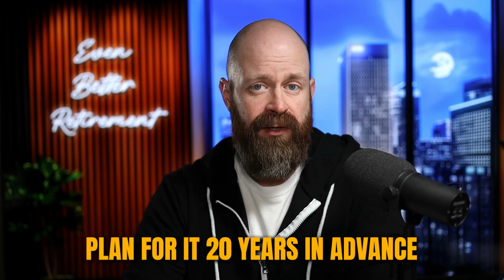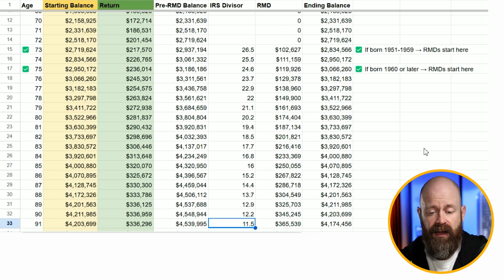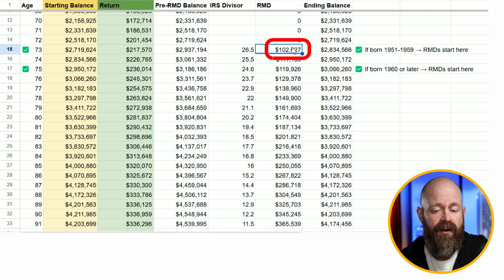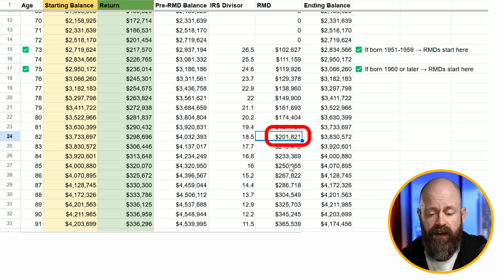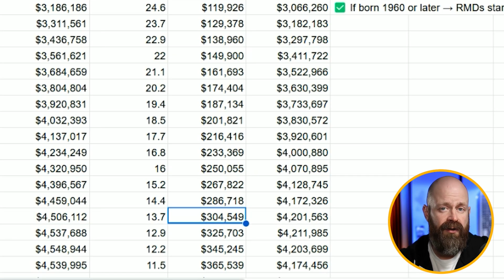I mentioned in the introduction that the hardest part about planning for RMDs is you've got to do it 20 years before you need to. You've got to plan for these RMDs 20 years before it becomes a problem. If we look at the spreadsheet, maybe $100,000 of income is something that's manageable for you. But if we wait too long, it's not long until we have $200,000, $250,000, $300,000. If you don't need $300,000 worth of income, it really doesn't matter. The RMD calculation says that you have to take it whether you need it or not, and you've got to pay income taxes on that.